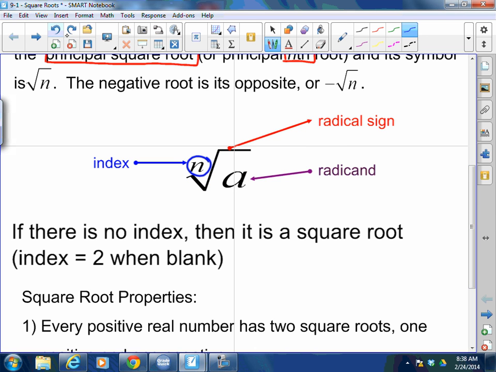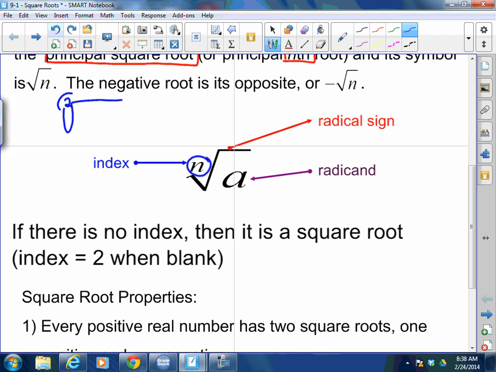When you just have a square root like that, the index is invisible. That implies that there's a 2. You're never going to see a square root with a 2 there. It's going to be blank, but that blank radical implies that it's a square root.